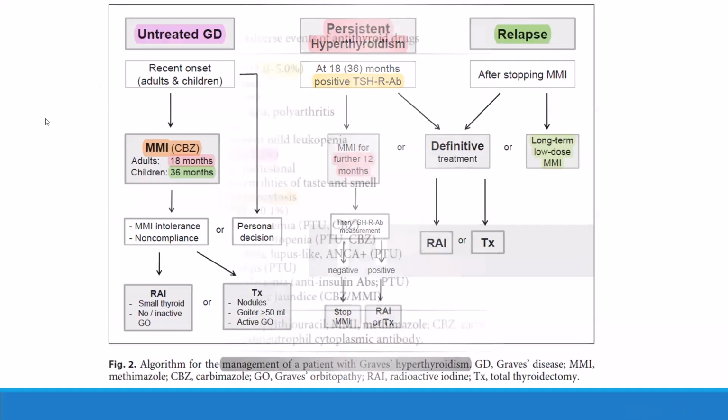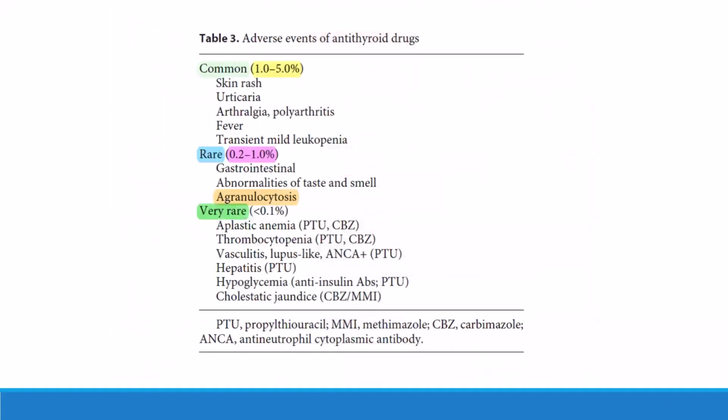So I will focus on some of the recommendations, but before starting these recommendations, what about the adverse events of the antithyroid drugs? This is a favorable question in the exam, in the SCE or European board exam. There are very common side effects like skin rash, which are mild and moderate side effects, like skin rash and urticaria, and these can be treated by antihistaminic drugs.